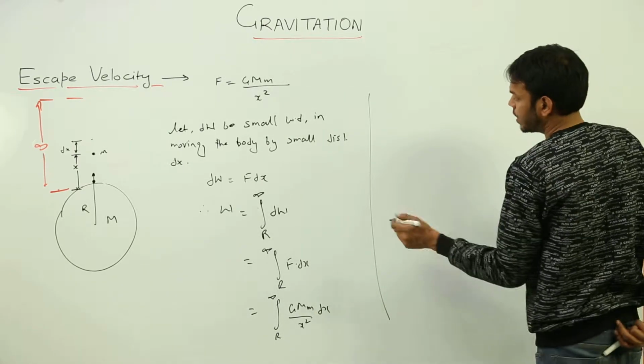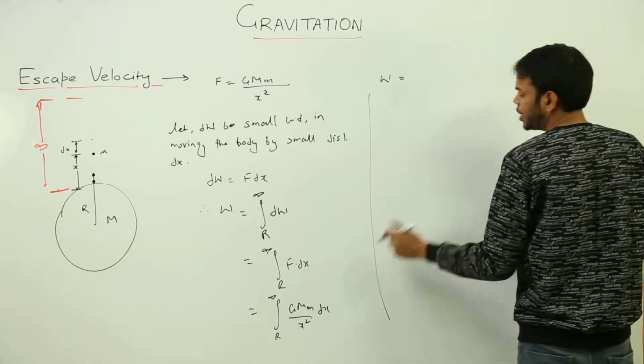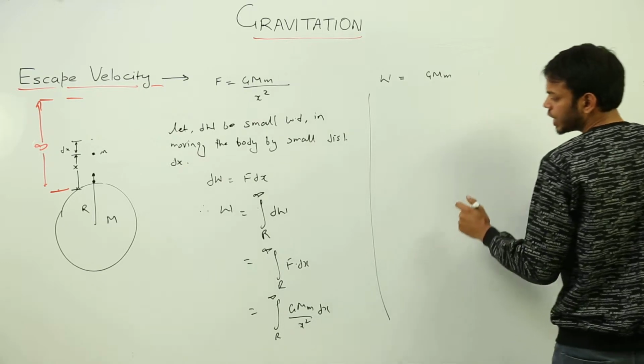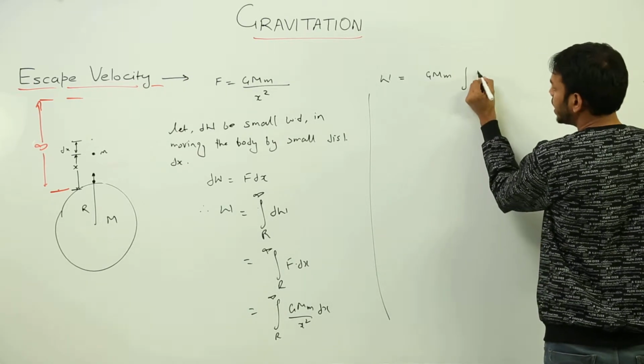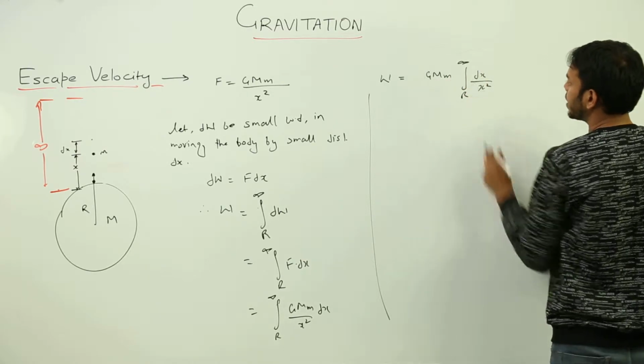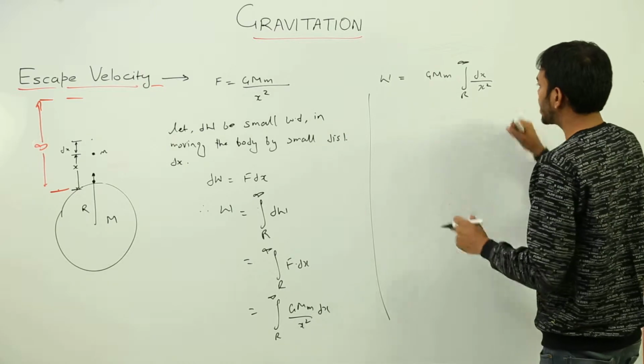So I have this work done equal to this. GMm can be taken out of the integration, and I'll be left with dx over x square from R to infinity. 1 upon x square is what? x raised to the power minus 2 dx.